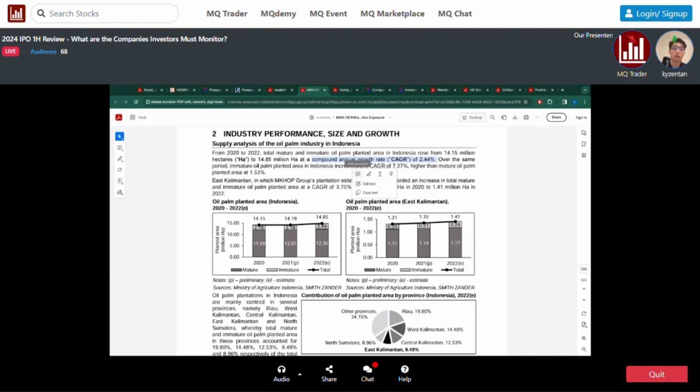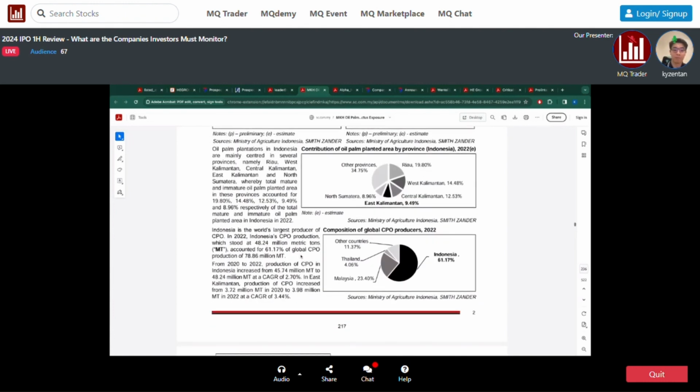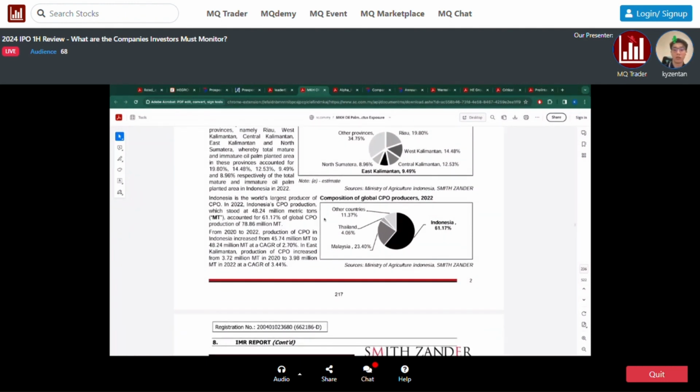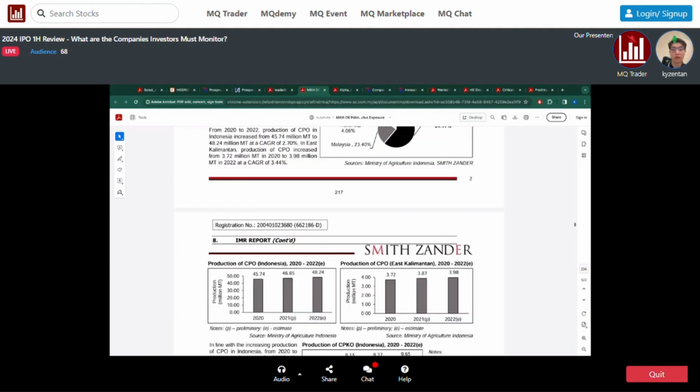And also sometimes the IMR does provide a forecast for the overall industry, which is quite useful. You can see Indonesia, the world's largest producer for 2022, and how much the production is, and the competitive landscape for that industry as well. So I think it's a very good source of information for you guys as well.